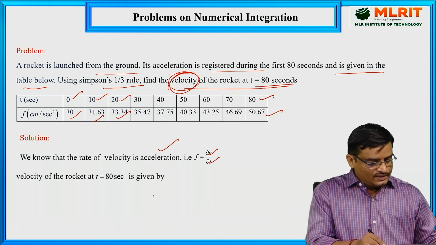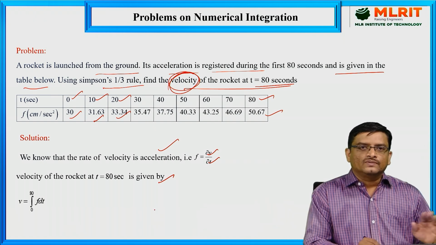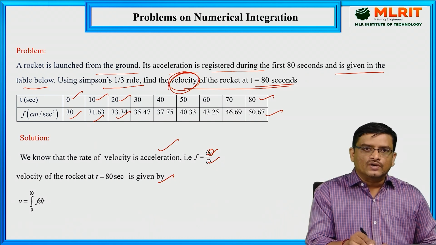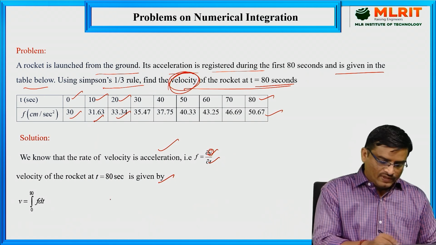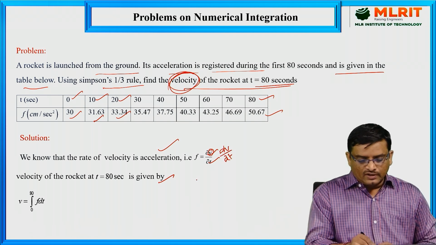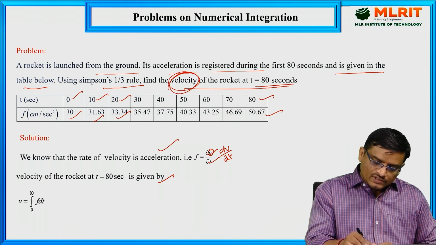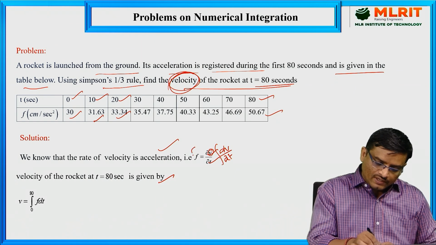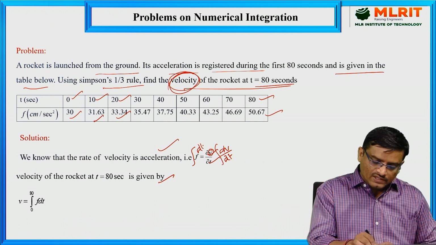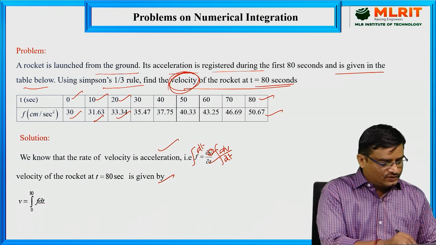In order to remove this derivative, we apply integration on both sides, so the derivative and integration with respect to t cancel. You will get the integral v equal to the integral from 0 to 80 of f dt.